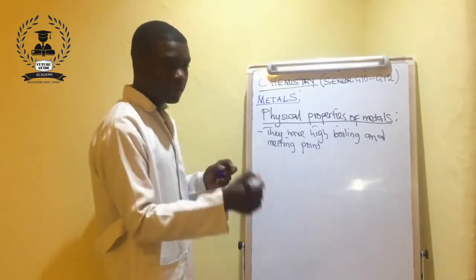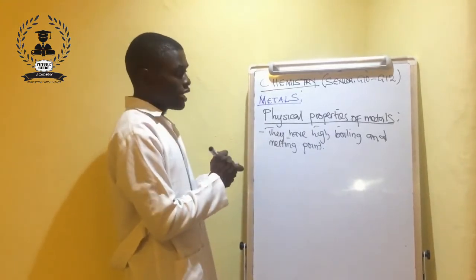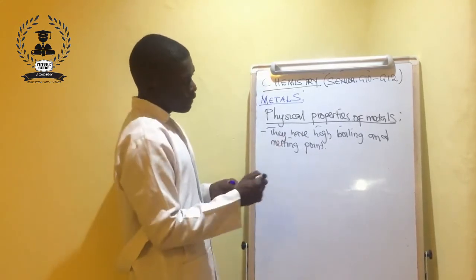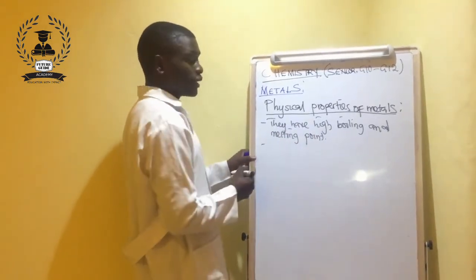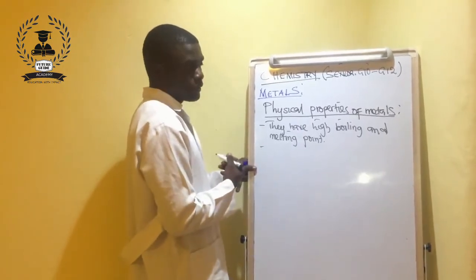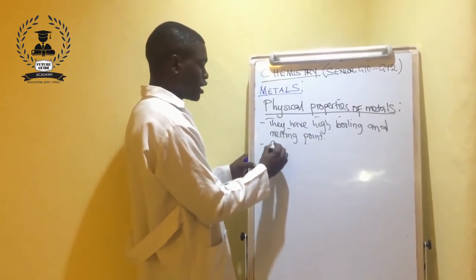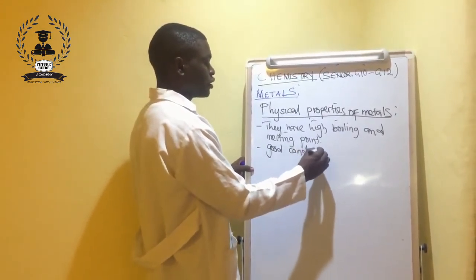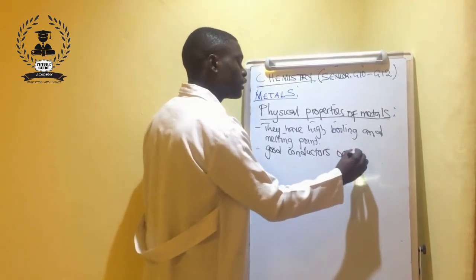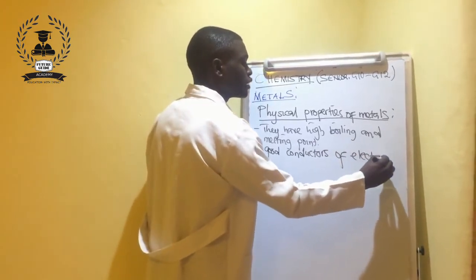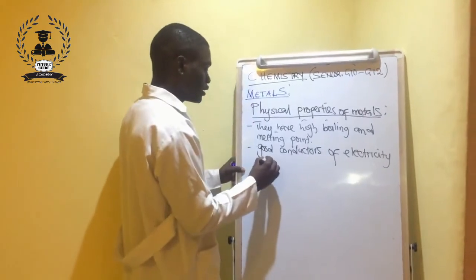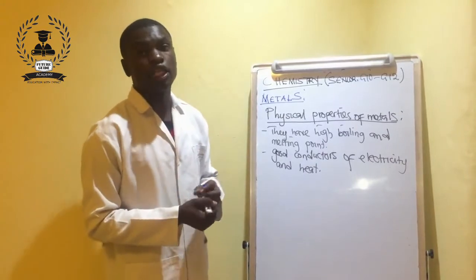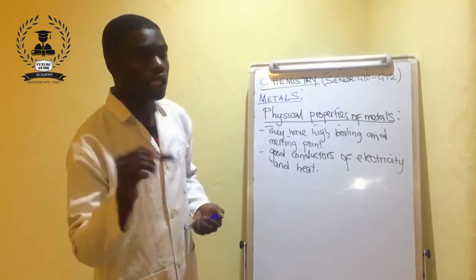You identify an element by looking at its boiling as well as the melting point. They have got high boiling as well as melting points. What is the other thing? We are saying all metals are good conductors of electricity and heat.